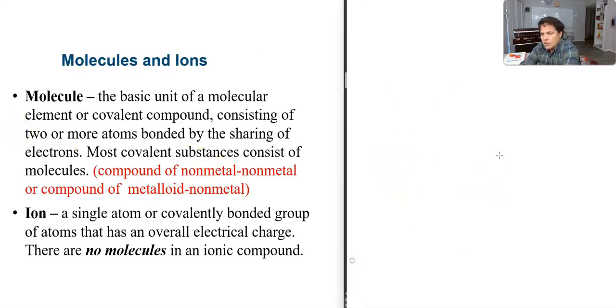Now let's go again to the molecule and the ion, two different species.